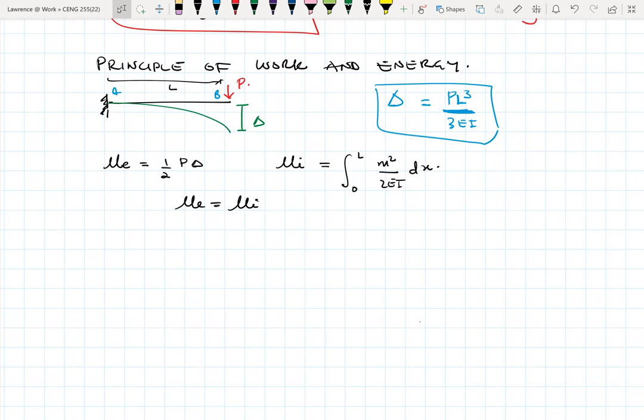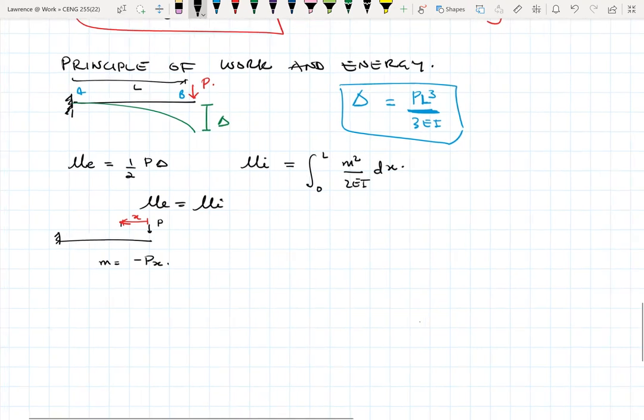So we already know the external work done is half P delta, but we need to find the internal work done, or the strain energy. So we need to formulate an equation for the moment M. If I take my diagram again, and I have P here, and this is X, going towards the left, then my moment M becomes minus P times X. So the moment equation for any point on the cantilever from the right towards the left is minus Px.